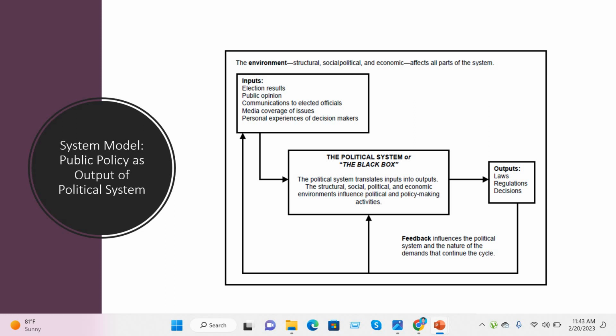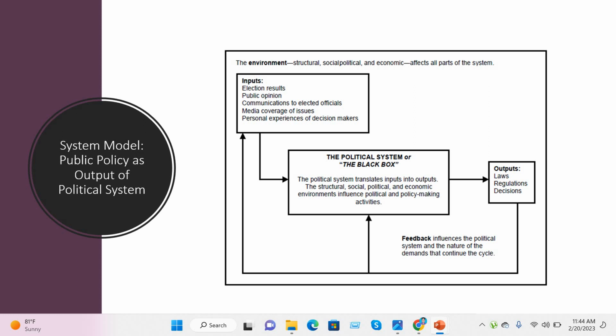These inputs go to the political system, or black box. The political system translates inputs into outputs. The structural, social, political, and economic environment influences political and public policy making activities. The results are outputs that are decisions, laws, regulations, etc. Then they go to the environment sector for feedback.